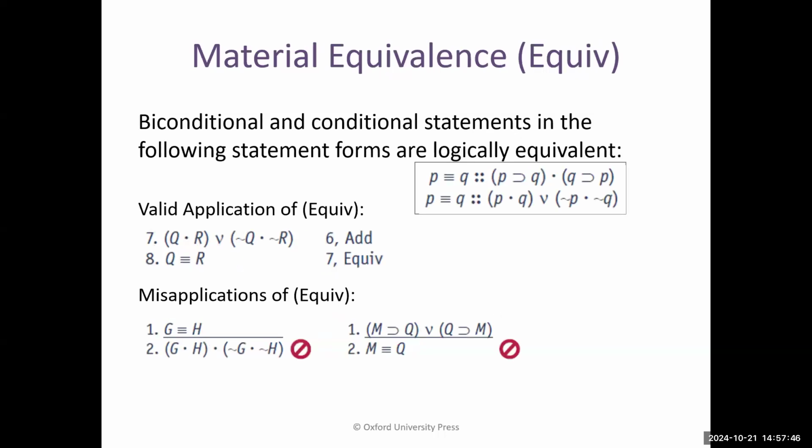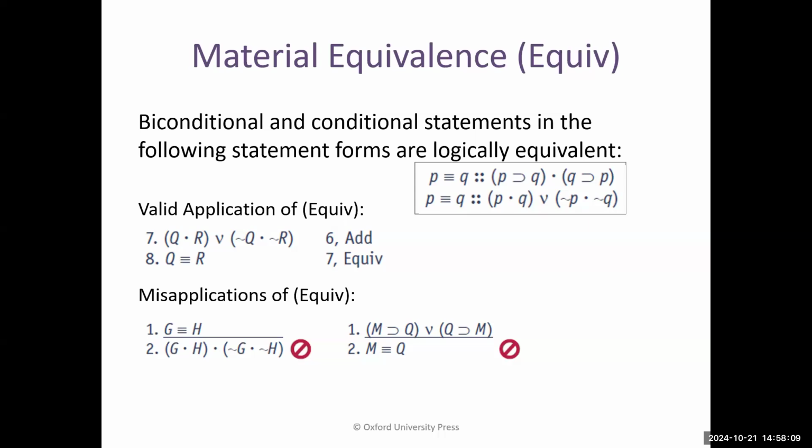Third, material equivalence. Okay, this one tells you what to do with triple bar. Remember, the triple bar means if and only if. It's like horseshoes pointing in both directions. So if I say P, if and only if Q, that is logically equivalent to saying if P is true, then Q is true. And if Q is true, then P is true. That's if and only if.